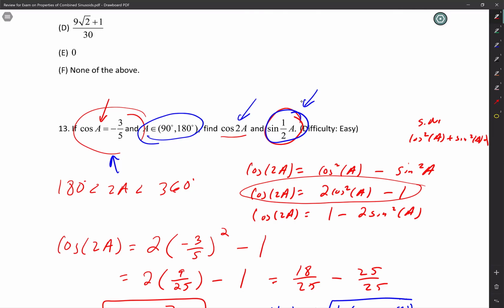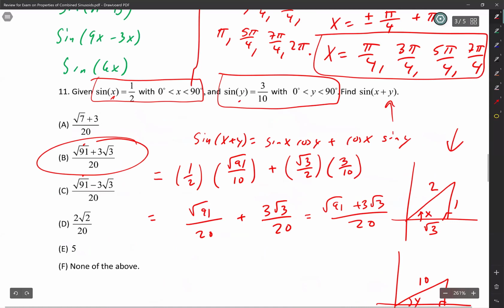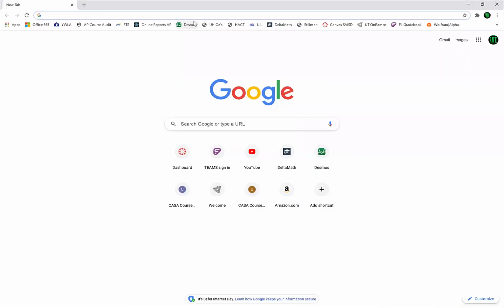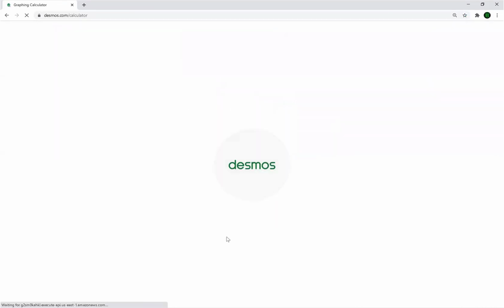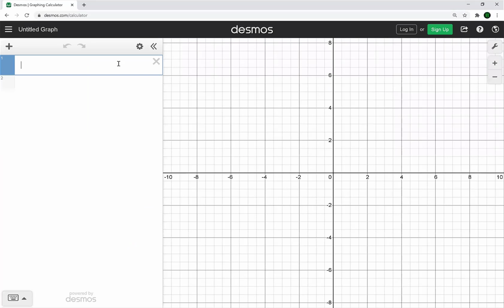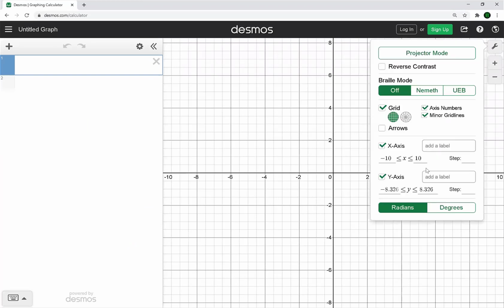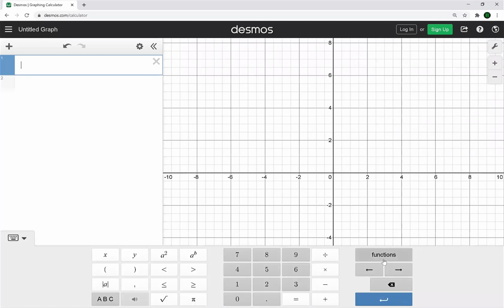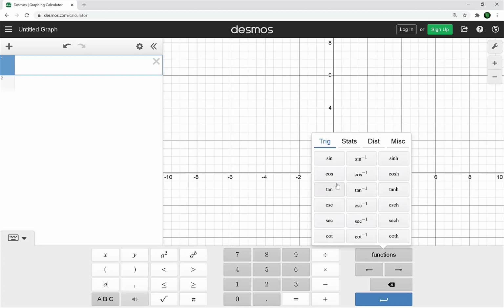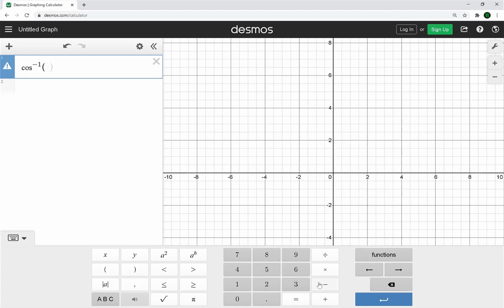So I'm going to go to Desmos. All right, Desmos. Let's do it. I want to find out an angle. Let's do it in degrees because I think everyone is happy with degrees. Can you guys see my screen? Yes. All right, so I'm going to go cosine inverse of, I think I had negative 3/5.